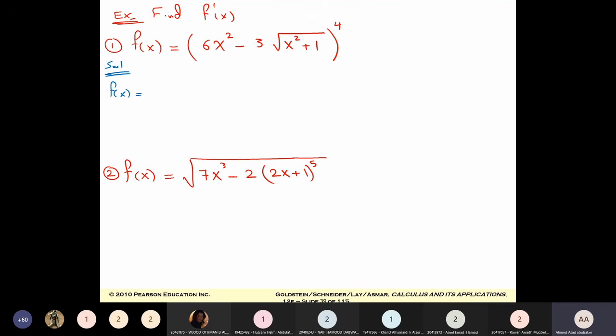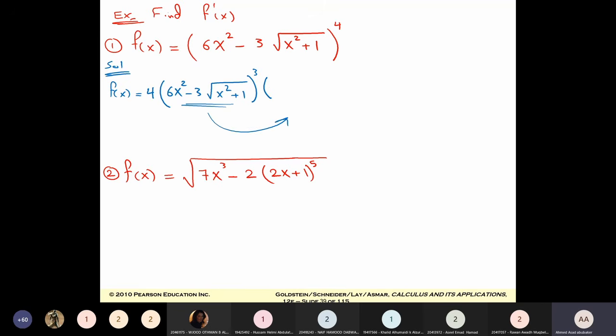Okay, f of x equals brackets all to the power 4. We put in the 4, multiply by 6x squared minus 3 radical x squared plus 1, new power equals 3, and this is multiplied with the derivative inside the brackets.